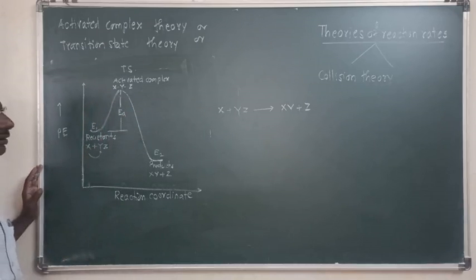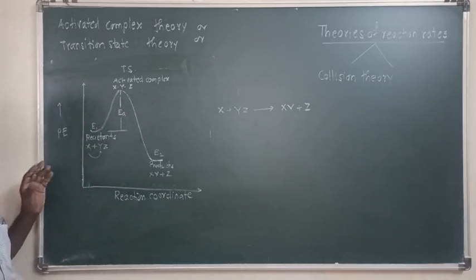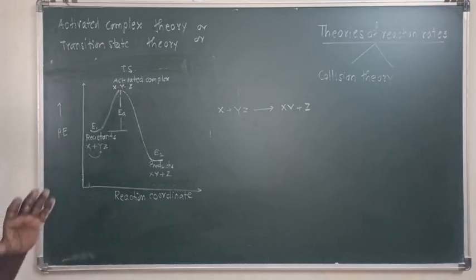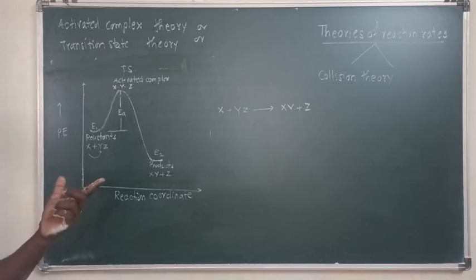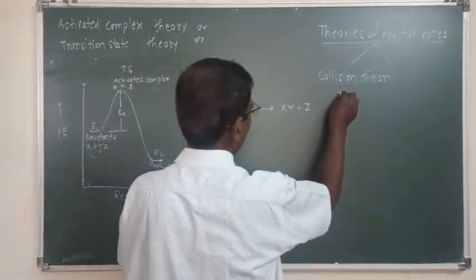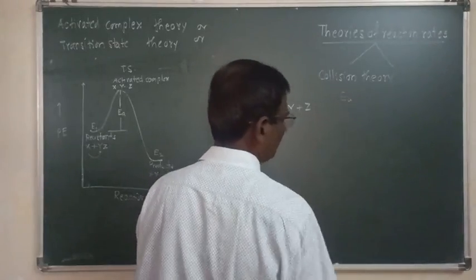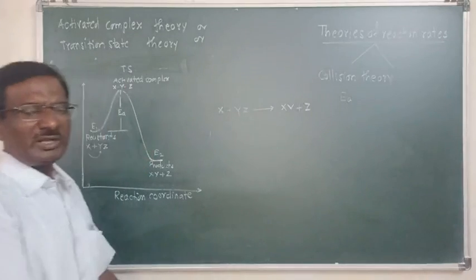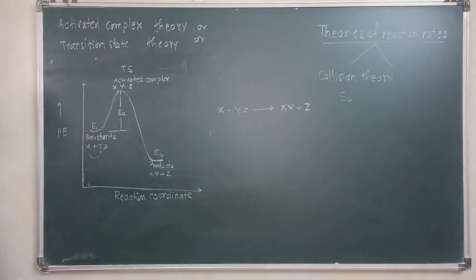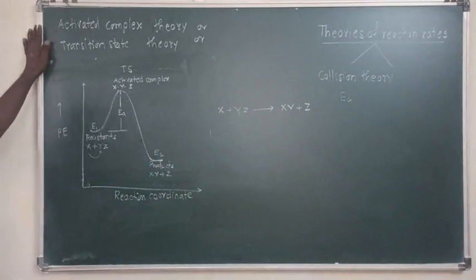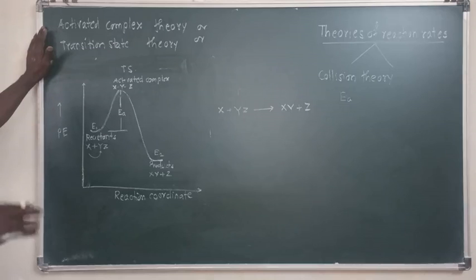Simply, molecules collide with sufficient energy, and that sufficient or minimum energy is called the energy of activation. In collision theory, the minimum energy required for the collision between molecules to be effective is called the energy of activation.